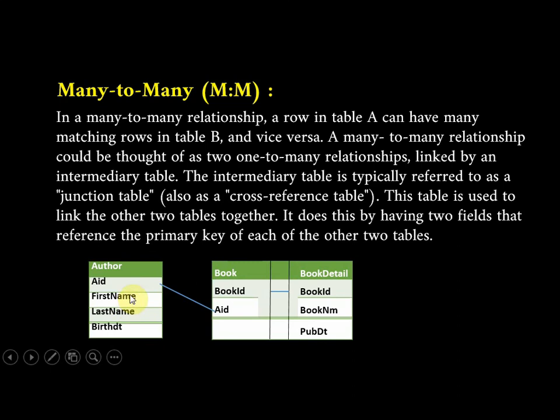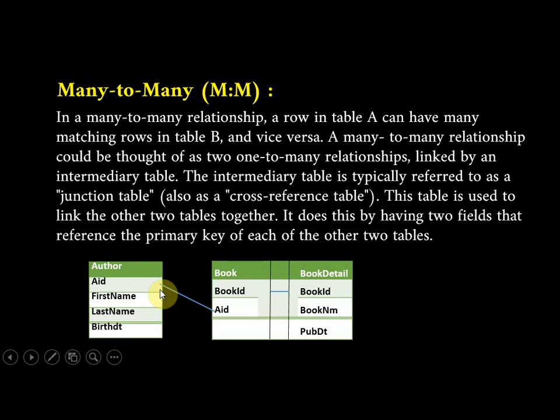So the first table is related to the second table with the field author ID, and the second table is related to the third table with the field book ID. There should be one common field between the tables, otherwise we are not able to create a many to many relationship.